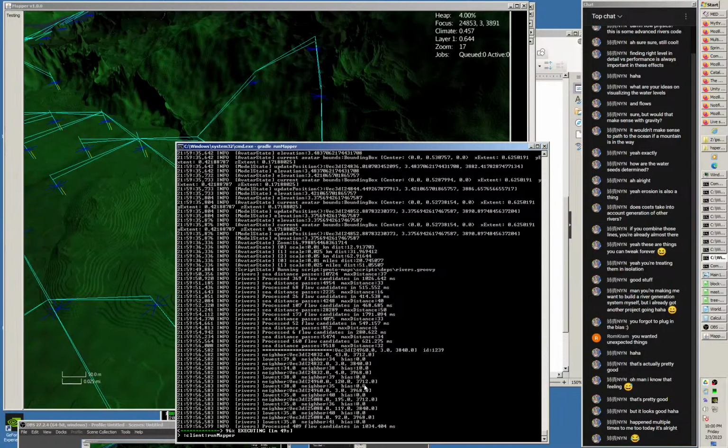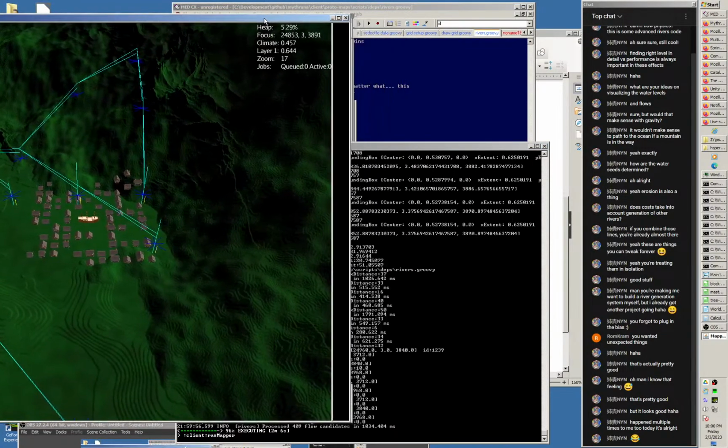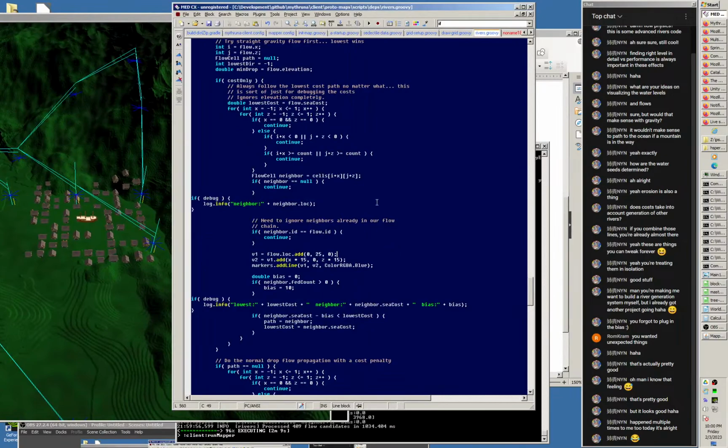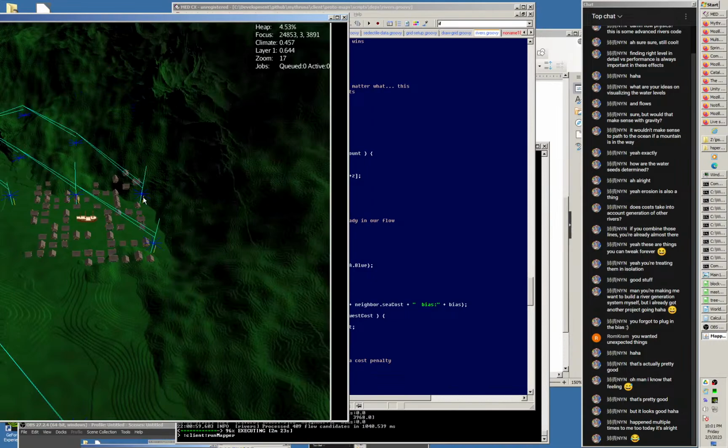So that's the one. Why did we go up? The lowest cost at that point was 38. Our neighbor was 35. But why, before we added bias, like if I take the bias out again, this doesn't happen. Oh, it did happen a little bit.